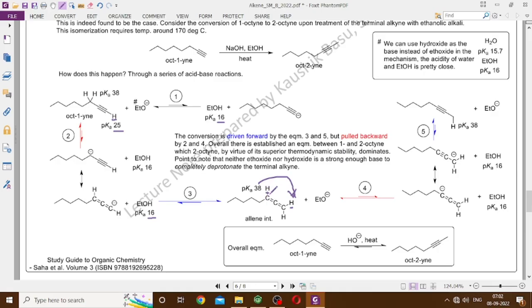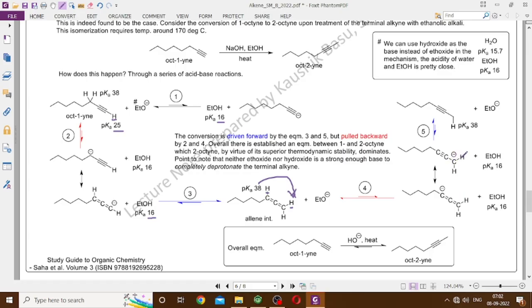But this hydrogen can again be abstracted by ethoxide to give you that one, which is again an equilibrium favoring the alkyne and not the conjugate base, because here you have pKa 38, here you have pKa 16. But there is another equilibrium here. There is another resonance structure you can draw, which places the negative charge by delocalizing it through this pi network onto the terminal carbon.